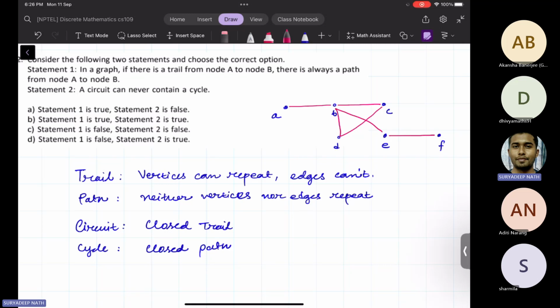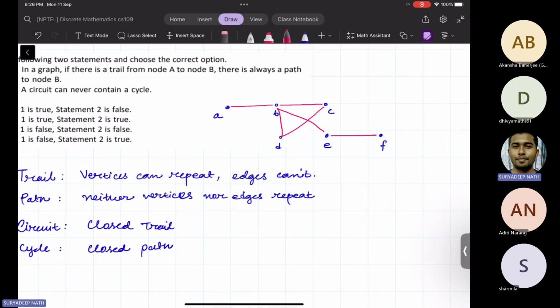Is there a path in this trail? I'll write it here: A, B, C, D, B, E, F. So this is the given trail.